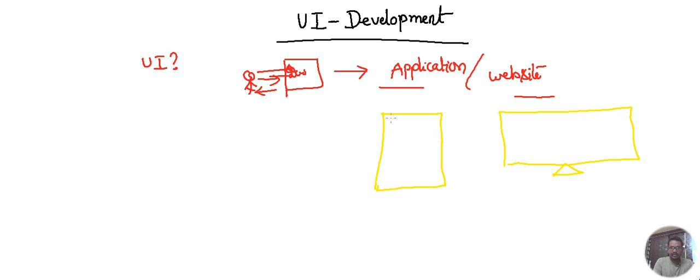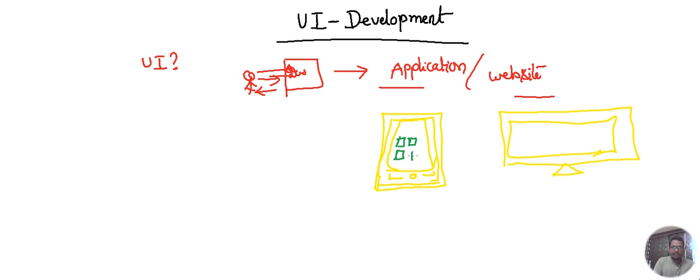mobile looks like this, with the screen and everything else, and this is the desktop, which displays the screen with applications.